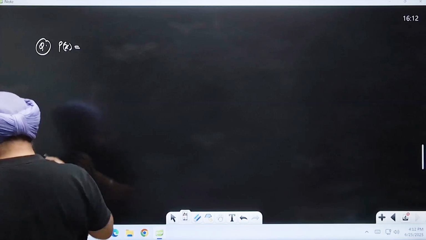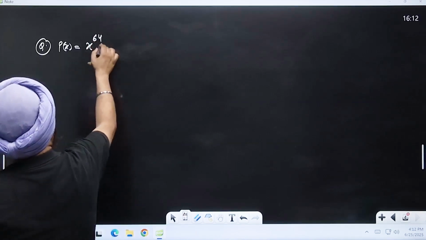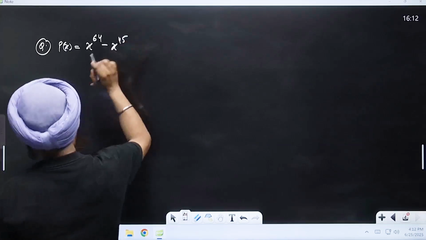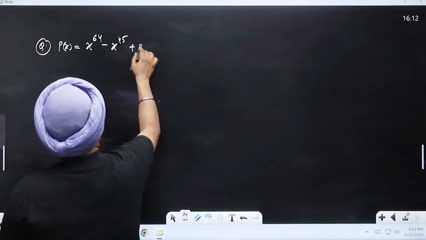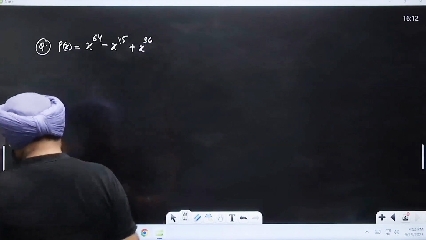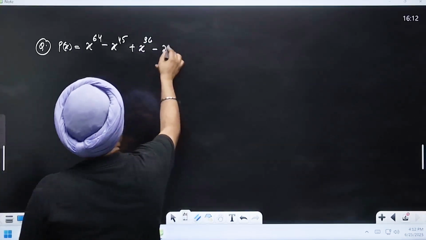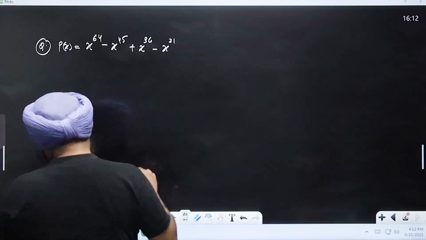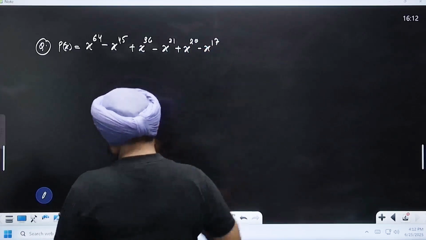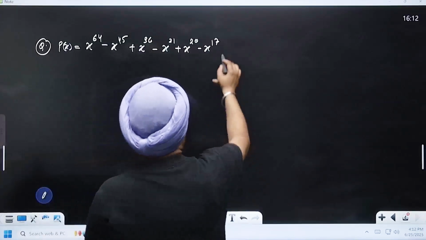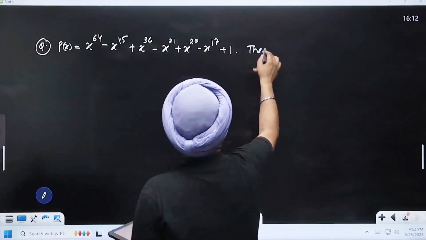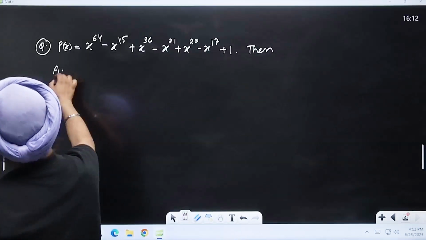Let the polynomial P(x) be given as x power 64 minus x power 45 plus x power 36 minus x power 21 plus 1. Now four options are given.